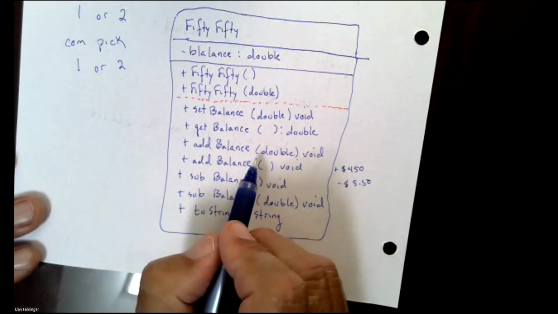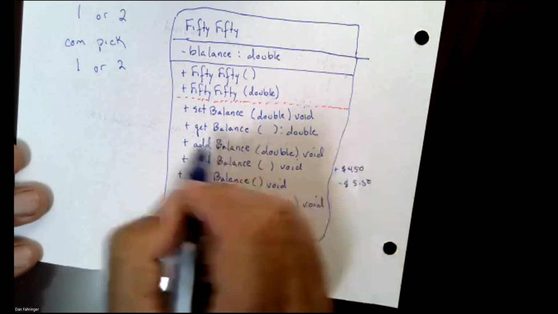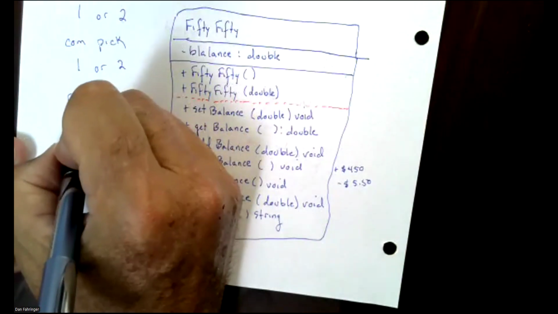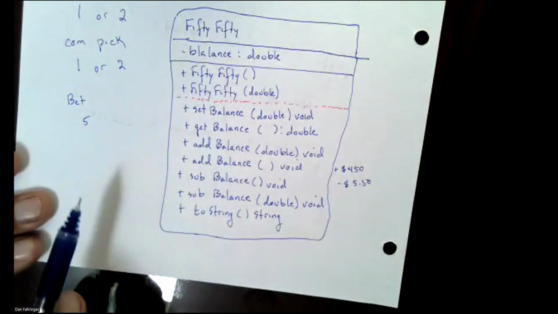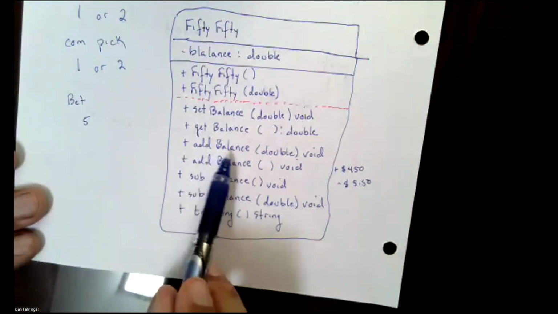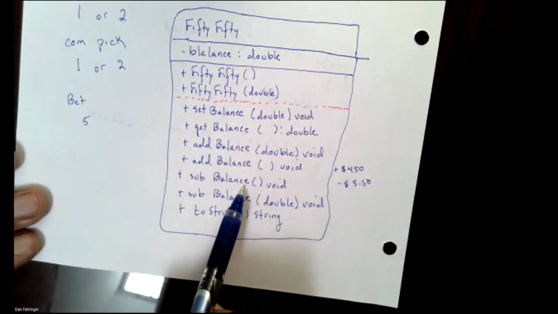Subtract. So they're going to come in and you're going to say, how much would you like to bet? I'd like to bet $5. Okay. If I win, I add it to balance. If I lose, I subtract it from balance.